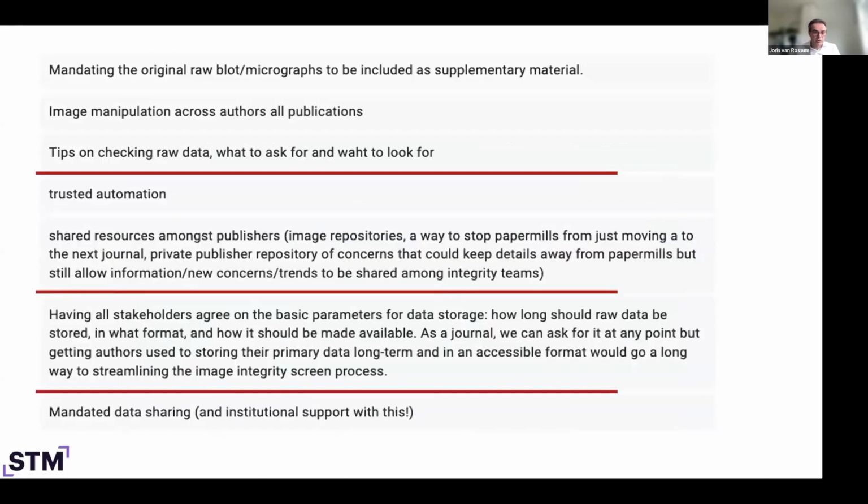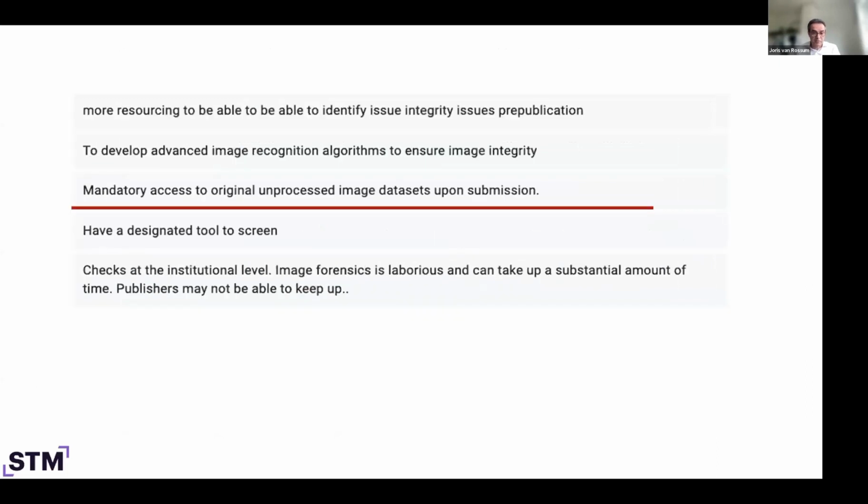Just go through one or two more slides. Raw data, again, shared resources. And shared image repository is also something that came up in our discussions frequently. Again, raw data and data storage. And the last set of slides, mandatory access to original unprocessed image data sets, again, the raw data.